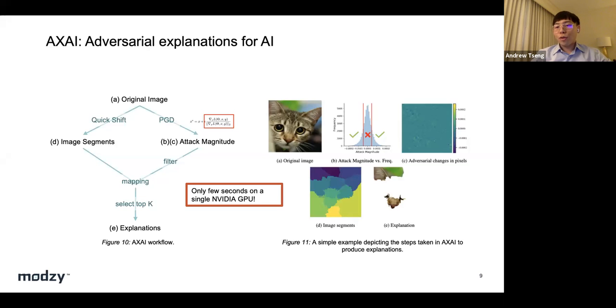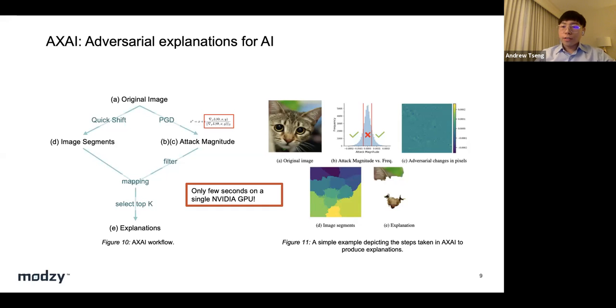In this case, we simply picked the top 3 segments that have a lot of attacks on them. So we have the explanation, which is figure 11E. This explanation shows that the ears and the nose are the important features of this cat image, so that the model thinks that this image is a cat.